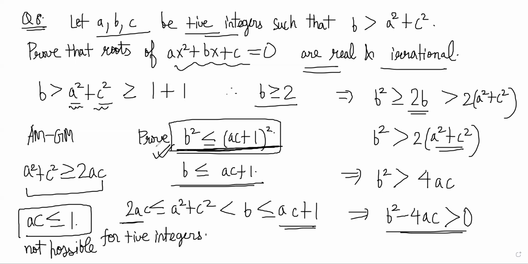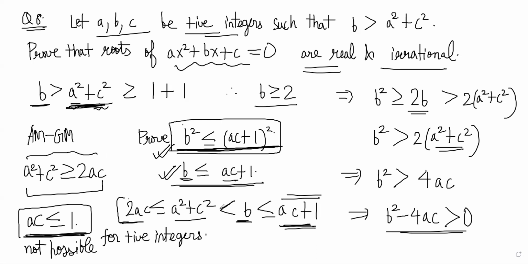This was a result that we have not yet proved, but we are going to use it here for the second question's proof. Because if b square is less than this, b is less than this, and now using AM-GM here, 2ac is less than this, and we know a square plus c square is less than b, and again b is less than this. So we are getting 2ac is less than or equal to ac plus 1, which means ac is less than or equal to 1.